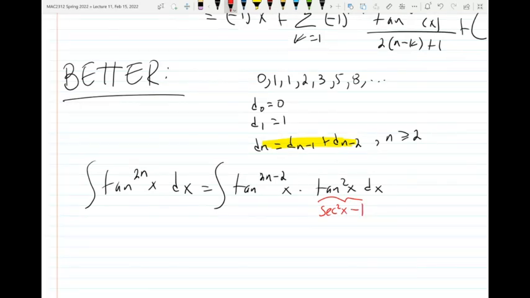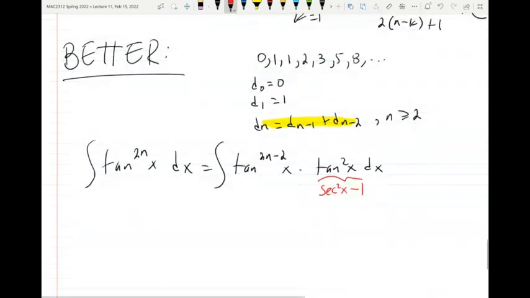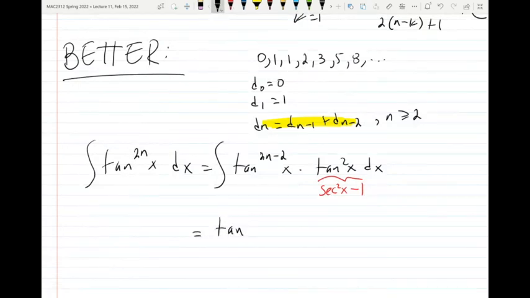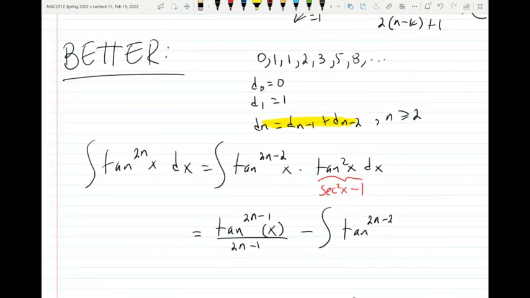Okay, so this is the general way that we do this, instead of showing an example. Now, when you distribute, you get your easy integral, which you can do using the power rule, right? So you need to bump the power up by 1. So 2n minus 1 over 2n minus 1. And then minus the integral of tangent to the 2n minus 2. Or if you want, 2 times n minus 1.